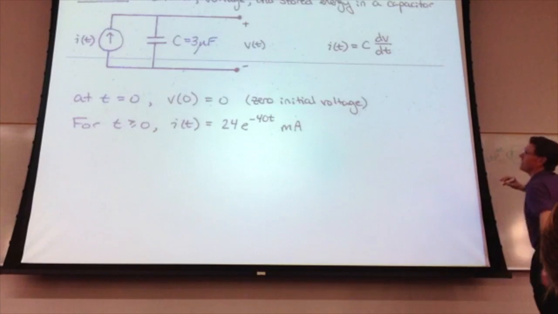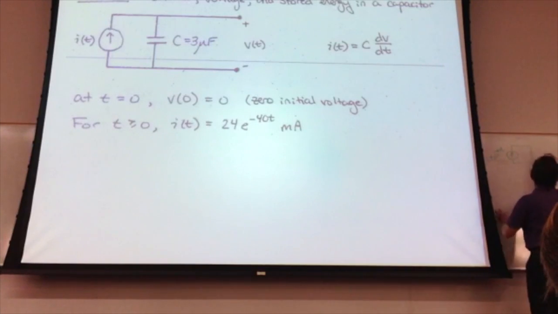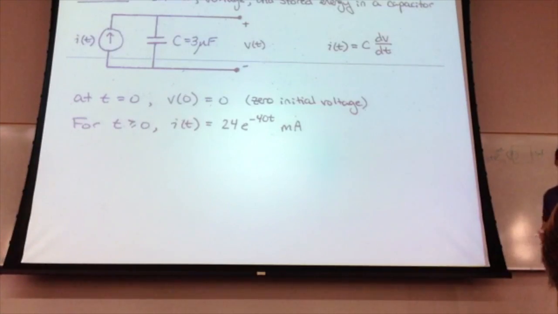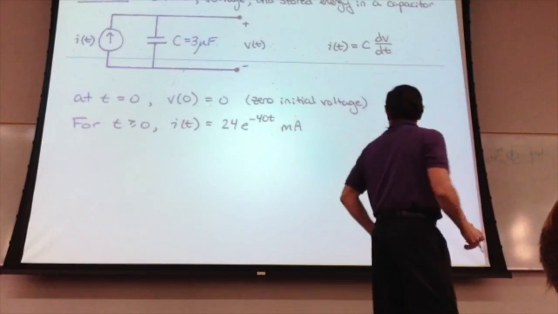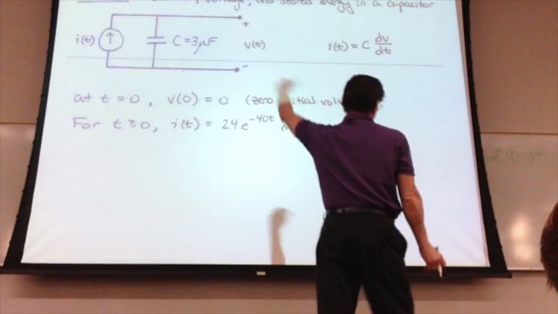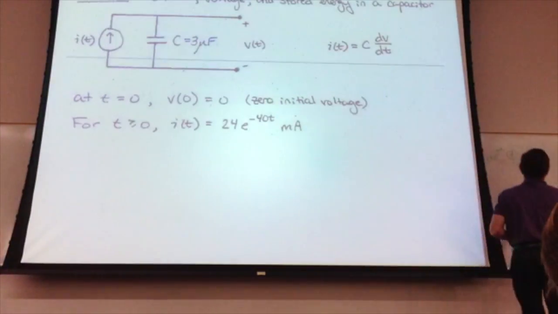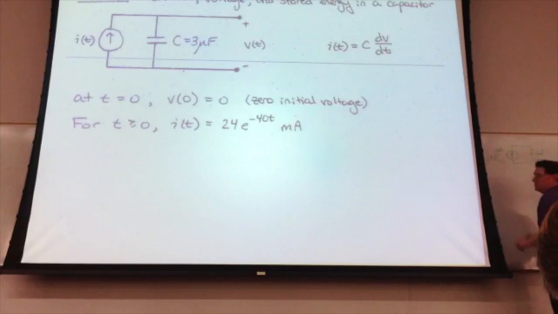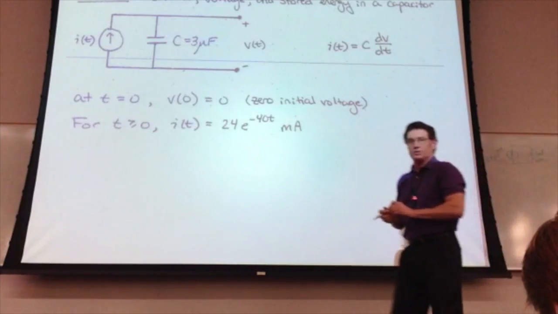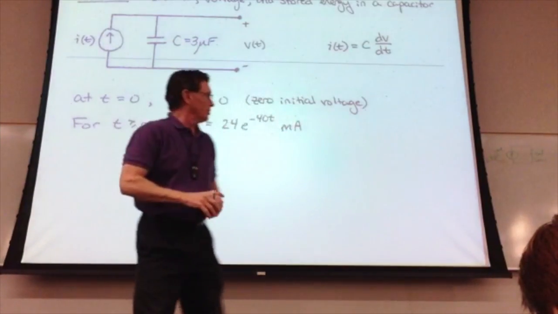This capacitor has 3 microfarads, so that's 3 times 10 to the minus 6. And we're given that V at 0, the voltage across here, is 0 volts. So there is no initial voltage on that capacitor. There's nothing on there.